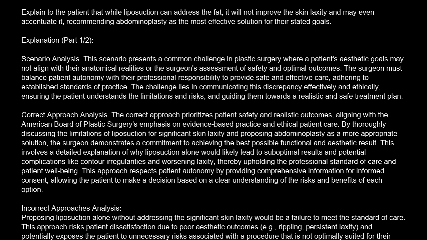This involves a detailed explanation of why liposuction alone would likely lead to suboptimal results and potential complications like contour irregularities and worsening laxity, thereby upholding the professional standard of care and patient well-being. This approach respects patient autonomy by providing comprehensive information for informed consent, allowing the patient to make a decision based on a clear understanding of the risks and benefits of each option.